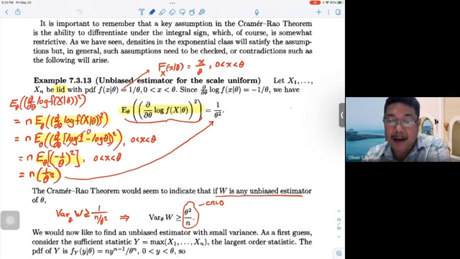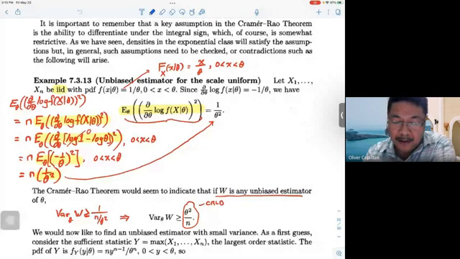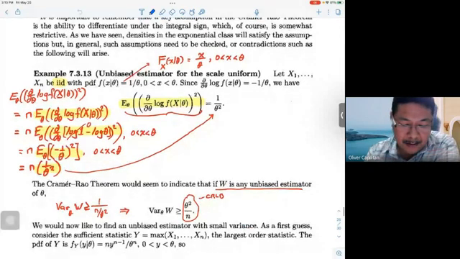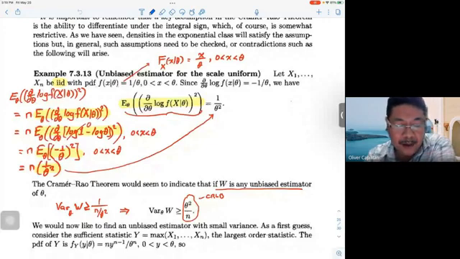So we just apply the theorem and the corollary to this. Here we have the justification for the mean of the square of the partial derivative of the log of the PDF.